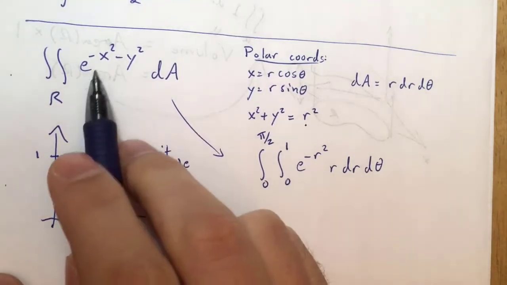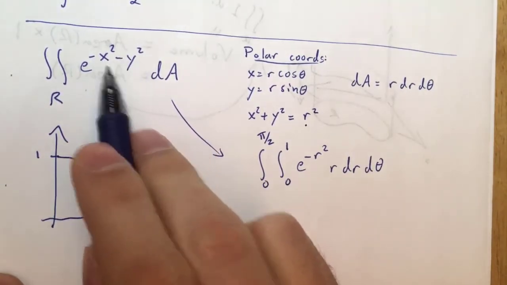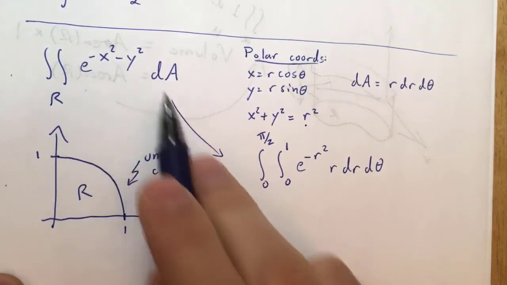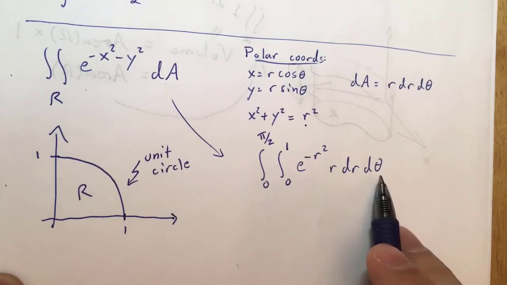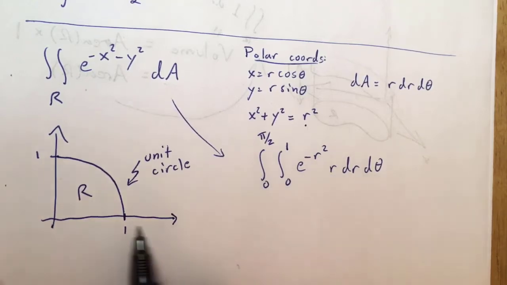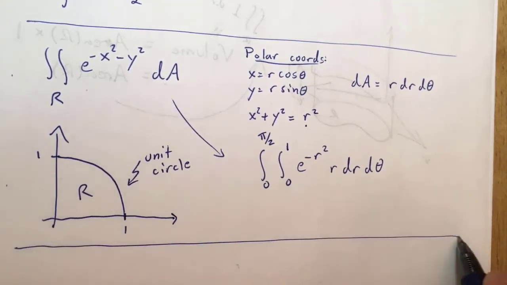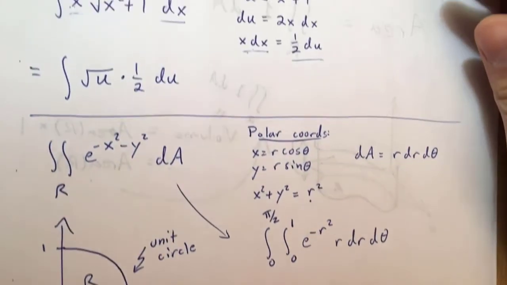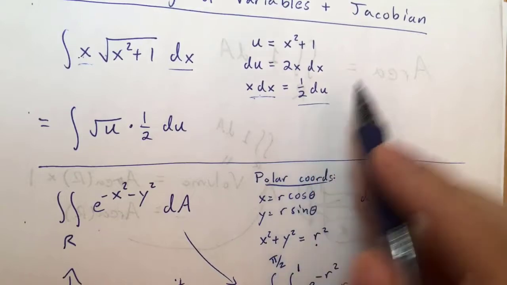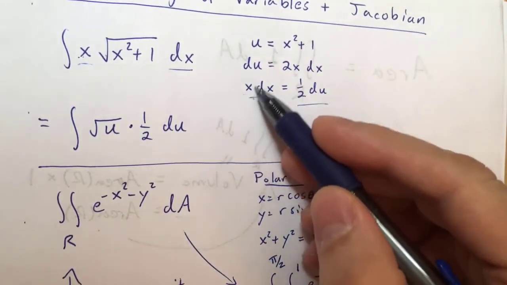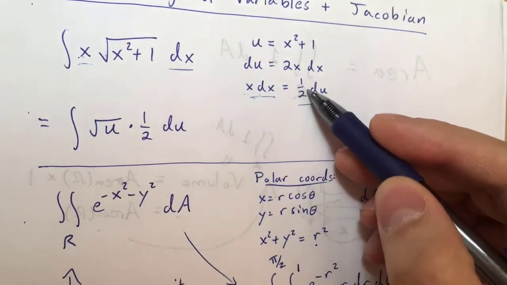So we've changed from Cartesian coordinates here, where we might have dx dy, and we changed to polar coordinates where we have dr d theta. Okay? So in both of these examples, something happened when we changed coordinates. When we changed from dx to du, notice that some other variables got changed along the way.